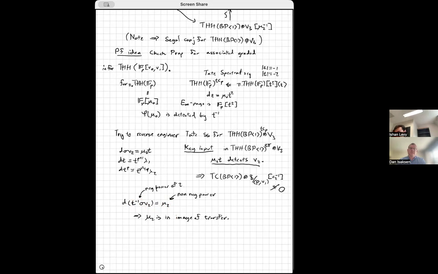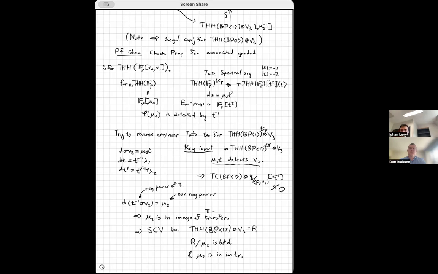And in fact, this is for the cyclic group of order P, but the same argument actually works for the whole circle group. And so you can actually see that it's in the image of the whole circle transfer. And so this implies that you have strong canonical vanishing, because if you take THH of, if you take this to be our ring, so tensor with V3, if you just call this R, then R mod mu2 is bounded, and mu2 is in the image of the transfer.